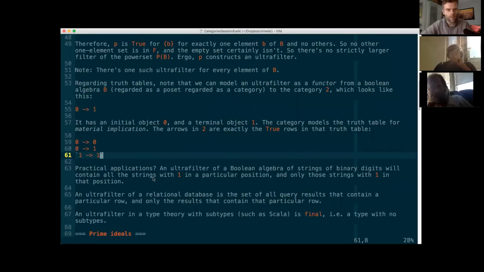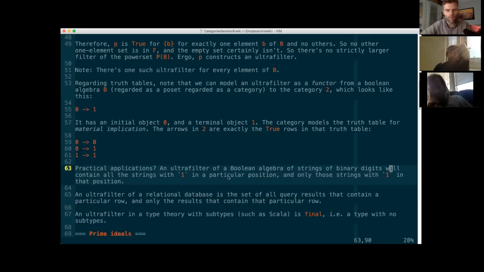So then it goes into practical applications. Yeah, I guess this is just something I was trying to think up, like what are some practical applications of alter filters? Okay, so an alter filter of a Boolean algebra of strings of binary digits, which we all recognize from computer science. We work with strings of bits all the time.